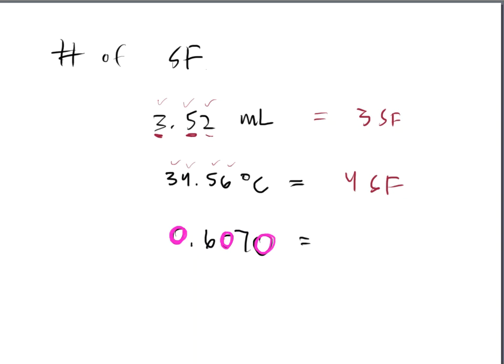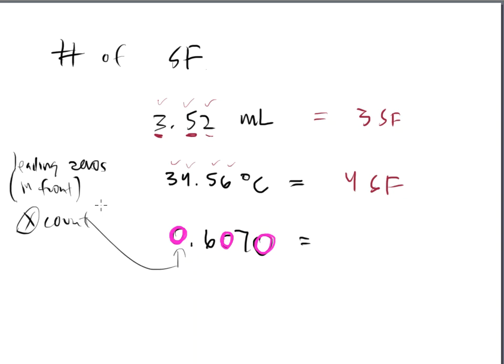So 0.6070, this is how we treat the zeros. If they are leading zeros, that means in front, you typically don't count them, folks. You just ignore them. This is a leading zero that is there for a placeholder. It is simply there to let you know, hey, you better stop, this is 0 point something.